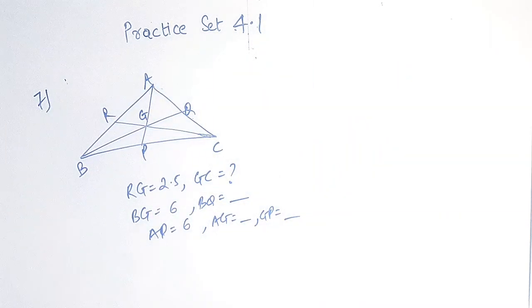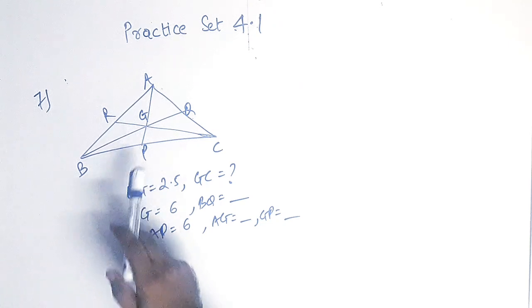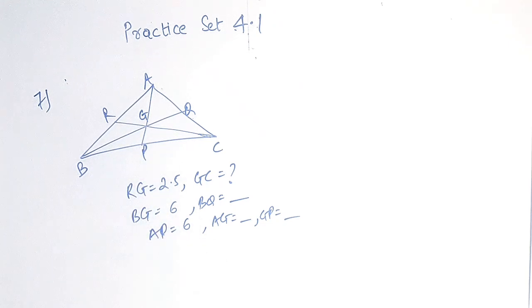Now before we start 7th one important property of centroid and median that you should know is the centroid divides the median in the ratio 2:1. Okay, try to understand.